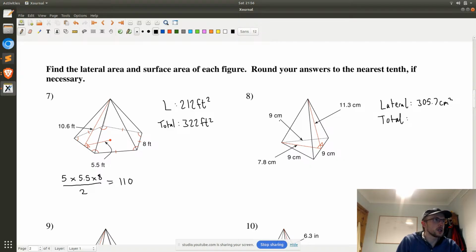And then figure out the area of the base. So that'll be 9 times 7.8 and divide that by 2. So in other words, 9 times 3.9, which is 35.1, I believe. Not right.